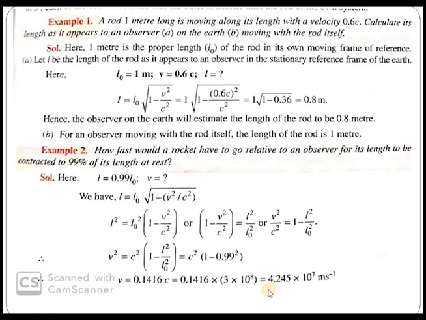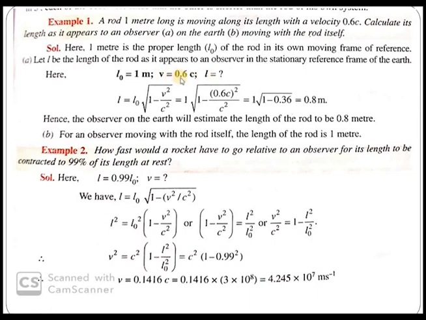Now we'll discuss two problems relating to length contraction. A rod of 1 meter long is moving along its length with its velocity 0.6 c. Calculate its length as it appears to an observer on the earth or moving with the rod itself. So what is given? The proper length of the rod is 1 meter and its relativistic velocity is 0.6 times the velocity of light. What is the length of the rod when it is observed from earth?